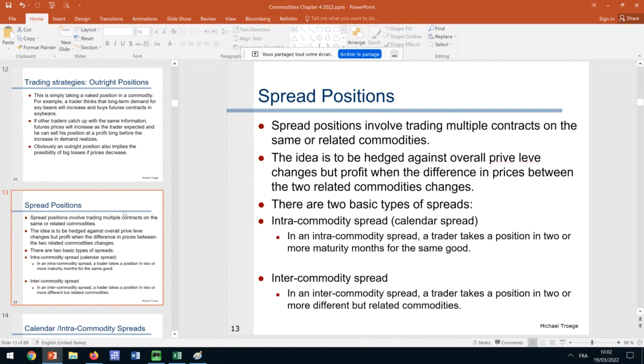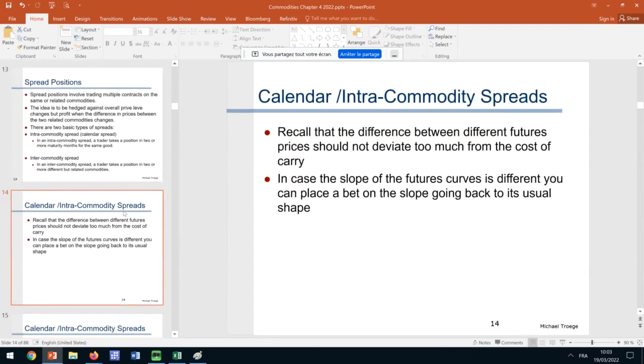You buy futures and you sell futures, either on the same commodity but with different dates, which is called an intra-commodity spread, or a calendar spread because of the different dates, or across different commodities, and then it's called an inter-commodity spread. That's normally the type of positions that you will take.